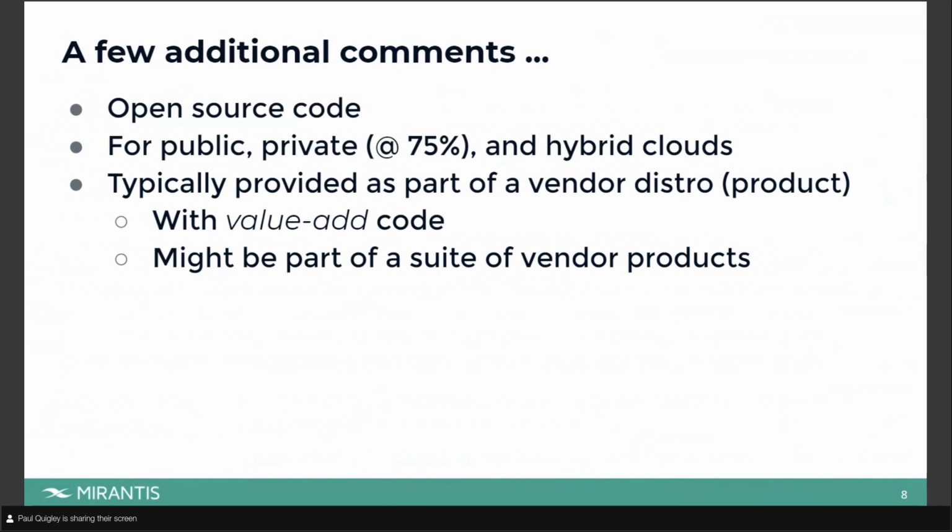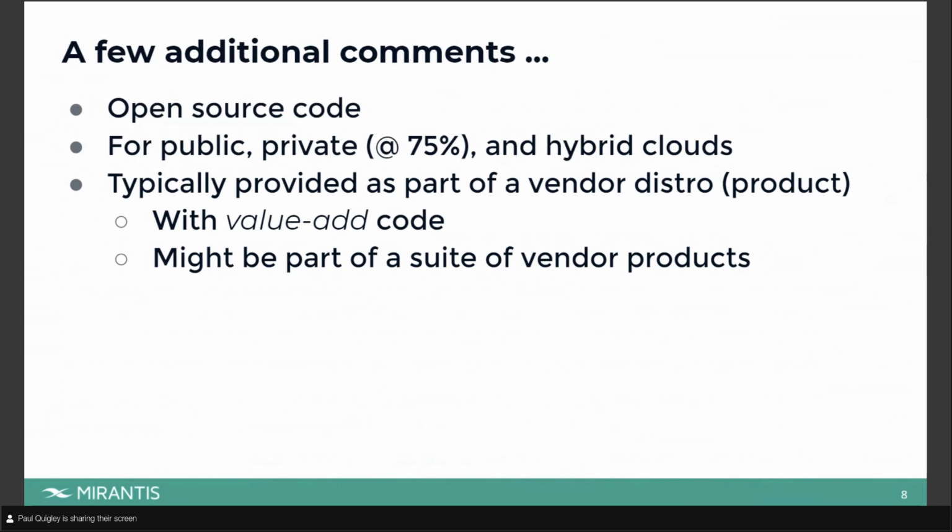That also means it's not really a product. I get my OpenStack as a vendor distribution. So I get my OpenStack from a vendor, and that vendor may have value add code that they added on top of the base OpenStack.